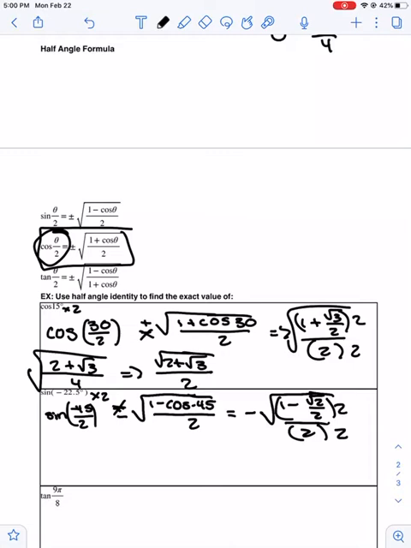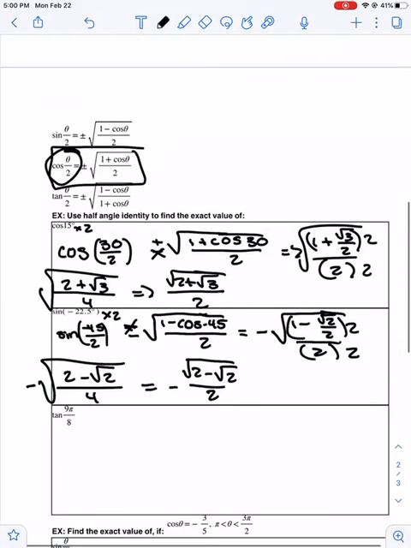We're going to do the same thing of multiplying by that denominator that's in the numerator and get 2 minus square root 2 over 4. And then the square root of 4, and remember this is negative, is 2. So we get negative the square root of 2 minus square root 2, over 2. And that's all for that one.